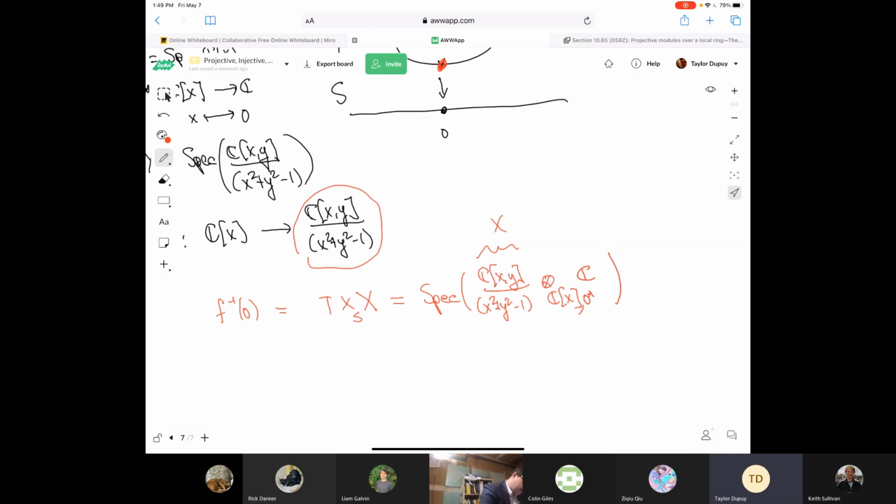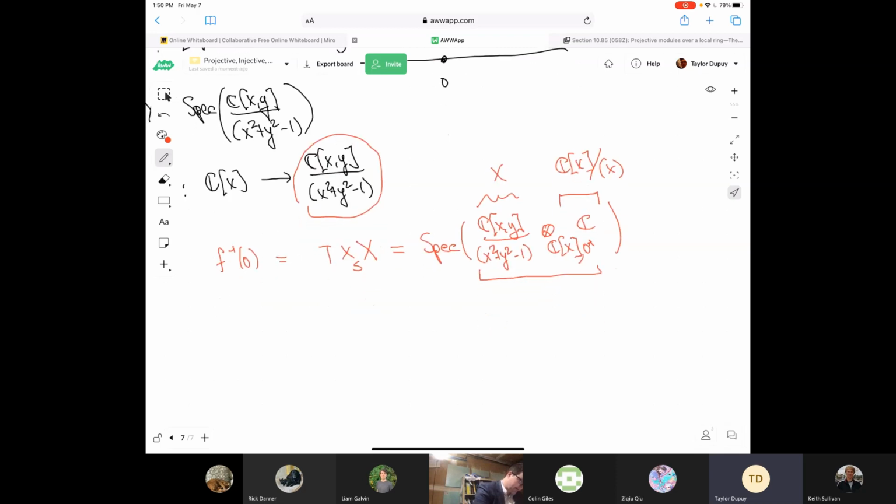Another way to think about this is that this is really C of x mod x, so we're really modding out by this ideal here. And so what does this become? This has the form A tensor R mod I.